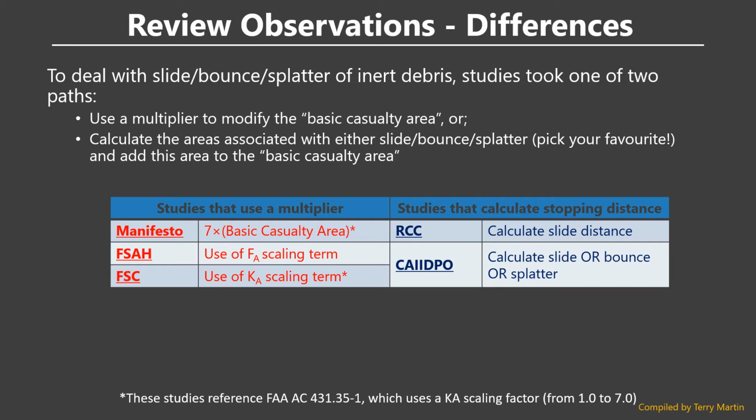So to deal with the fact that when we were looking at all of the different techniques, what we found was that there's a bunch of different failure modes at the point of impact. They're not failure modes, progression modes, ranging from slide to bounce to splatter and to fragmentation of all of the debris.